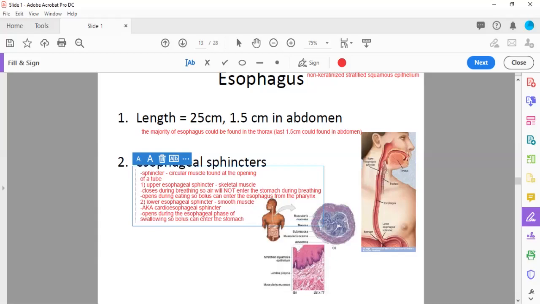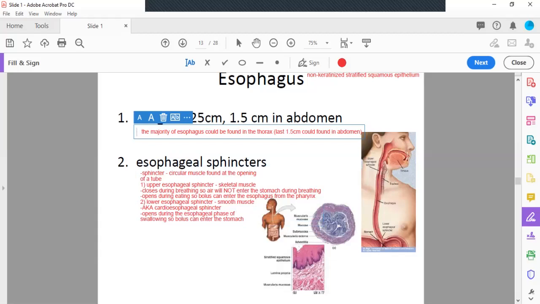So in all fairness, we can say the majority of the esophagus could be found in the thorax, and the last 1.5 centimeters could be found in the abdomen. In terms of muscle, the top 1/3 of the esophagus contains skeletal muscle.